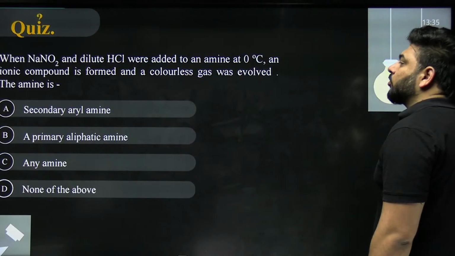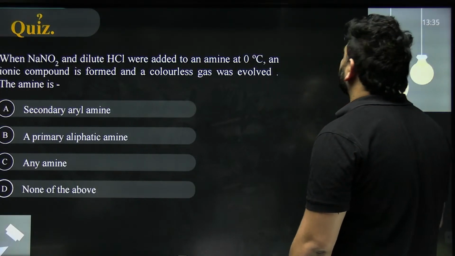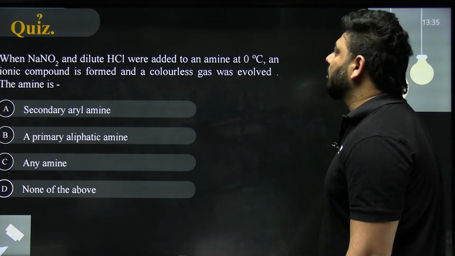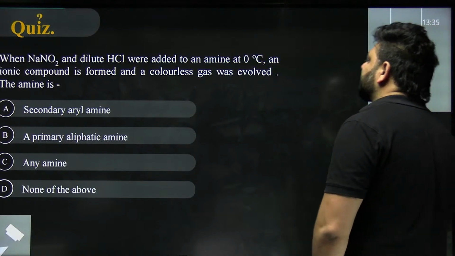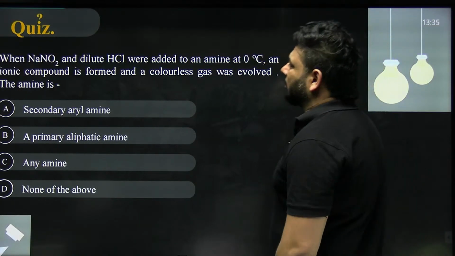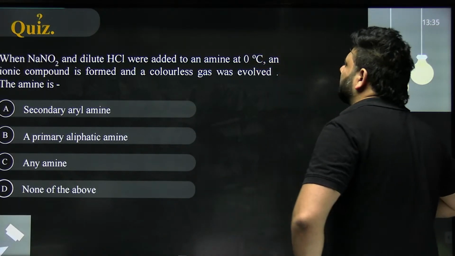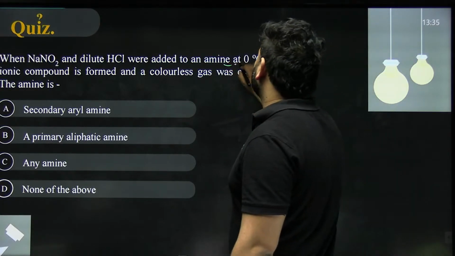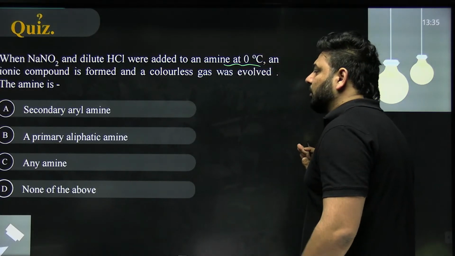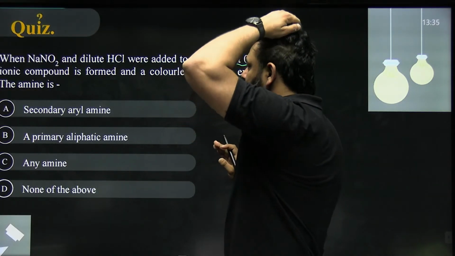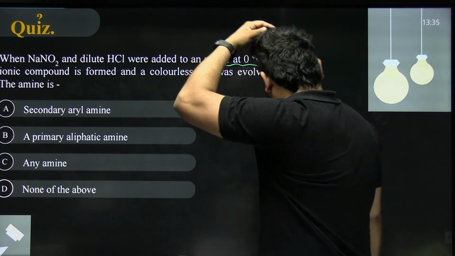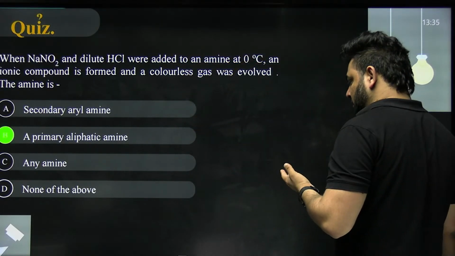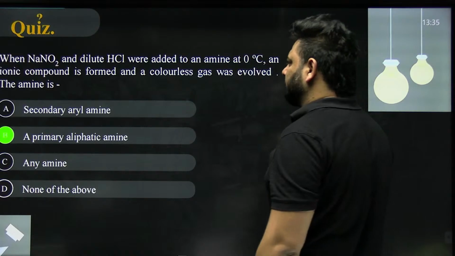When NaNO2 and dilute HCl were added to an amine at 0 degrees Celsius, an ionic compound is formed and a colorless gas was evolved. The amine is what? At 0 degrees Celsius, that means it's not stable. That means it could be any amine, but it should not be aromatic. It should be a primary aliphatic amine.